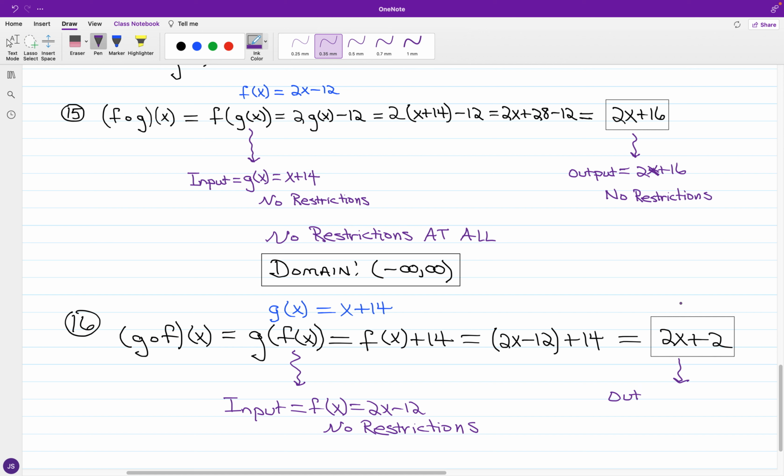And in the case of the output, we have 2x plus 2. Okay, so you have no restrictions.